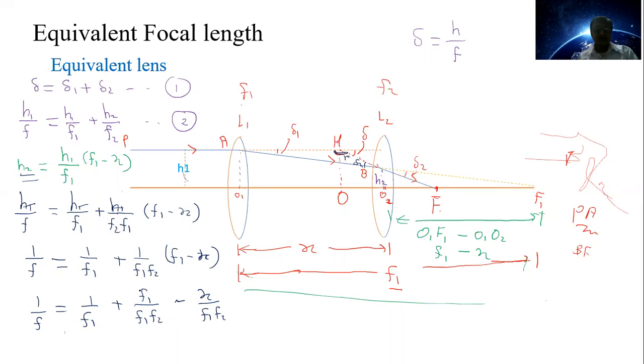And now here F1 gets cancelled, and therefore finally we get here 1 upon F is equal to 1 upon F1 plus 1 upon F2 minus X upon F1 F2.